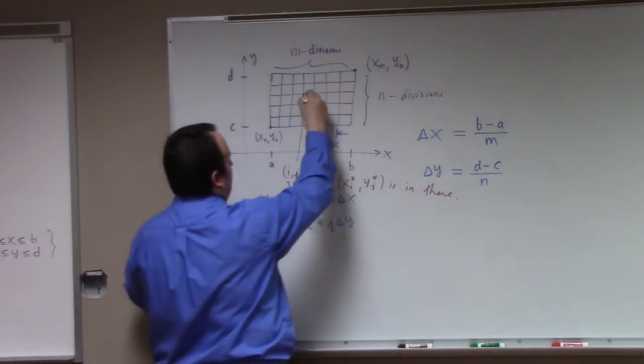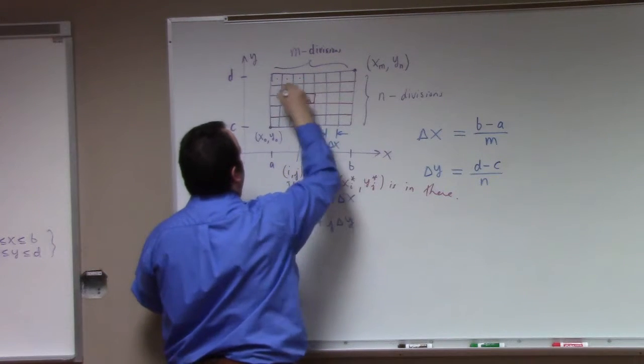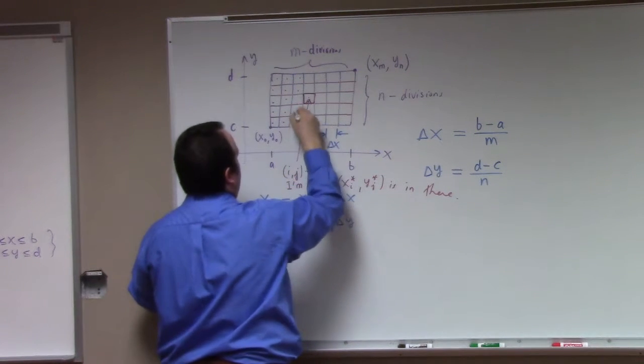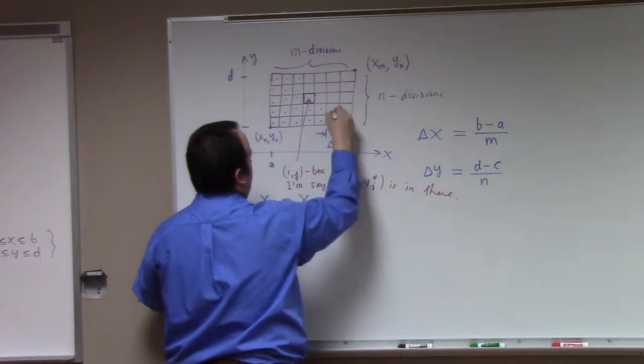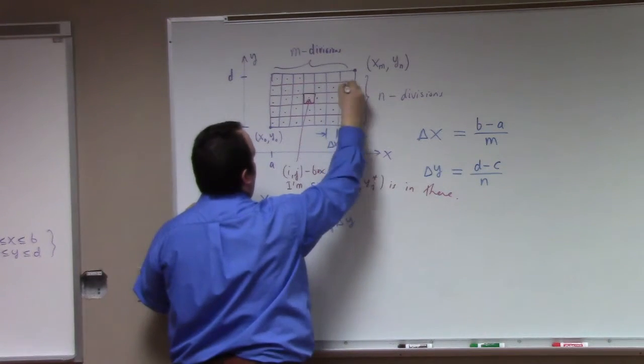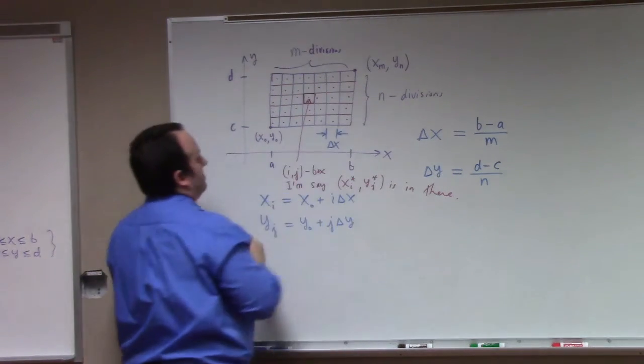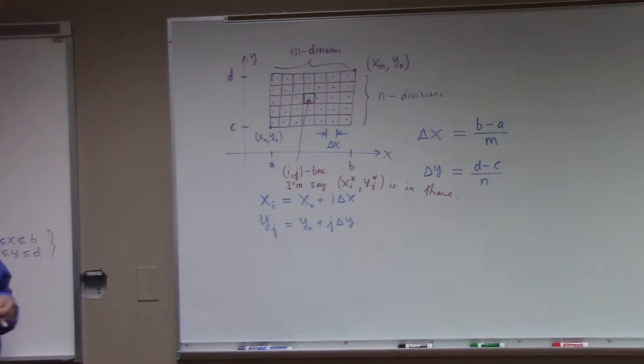Like, it could be here, here, here, here. Could you guys think of any rule to pick the sample point? No. We want one sample point per box. That will fix the height of the skyscraper over the domain to set up our approximation for the volume under the graph.